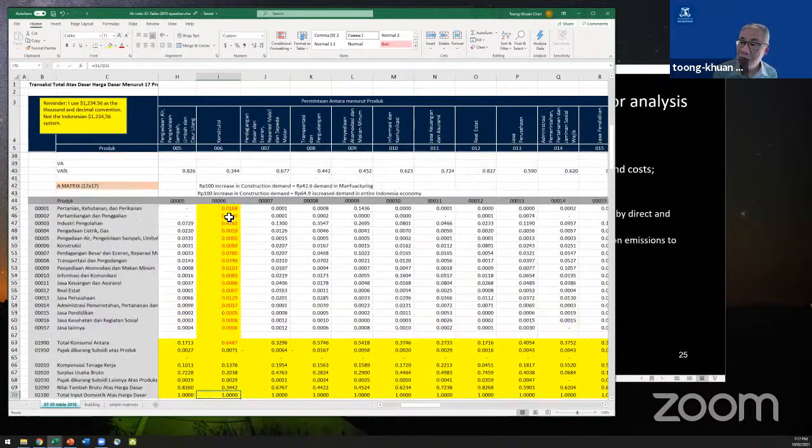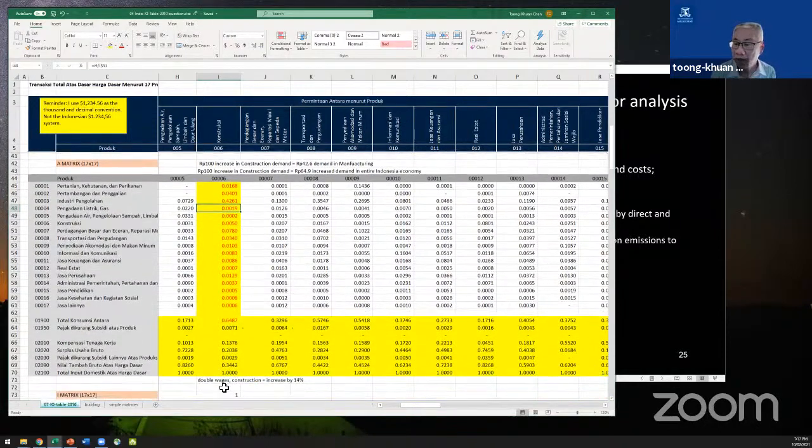Now, if you have energy, look at that, pengadaan listrik and gas. What if the government decides to double the price of energy? You can very quickly work out the impact.